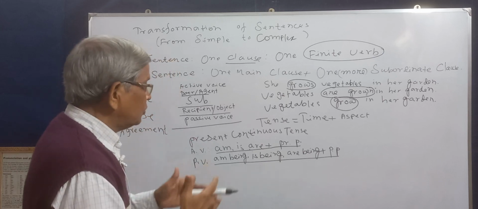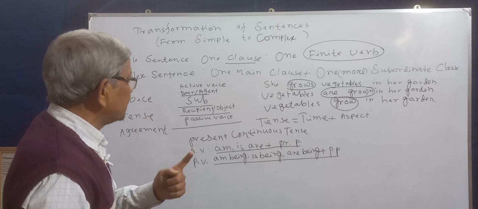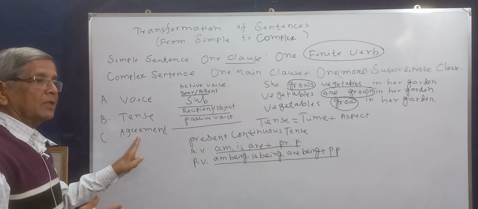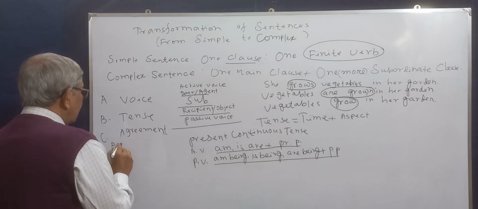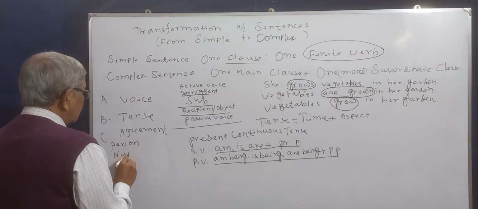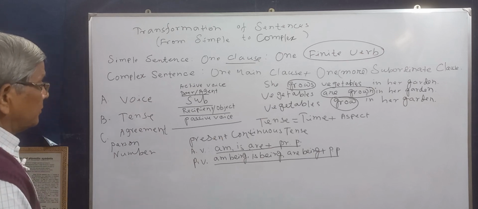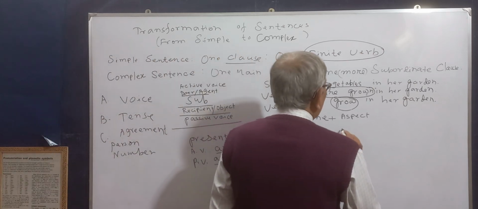But where there are two or three, we have to choose one. And that final selection, that choice, depends on agreement, that is, the person and number of the subject of the verb.